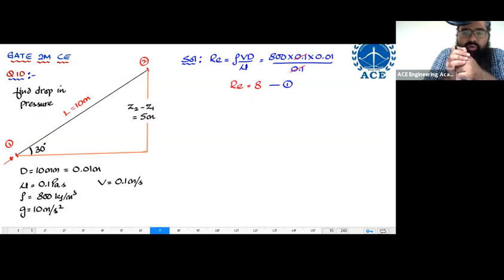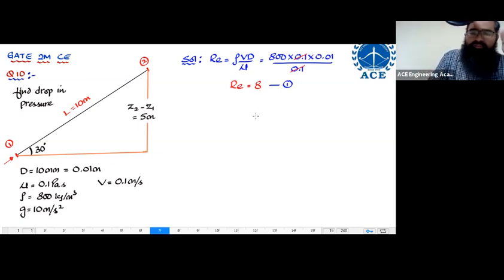Why? Because the Bernoulli equation in real flow demands one extra term called head loss. As long as you don't know the value of head loss, applying the Bernoulli equation becomes difficult. But if you know the value of head loss, then the Bernoulli equation is easy. That is what we are doing now.